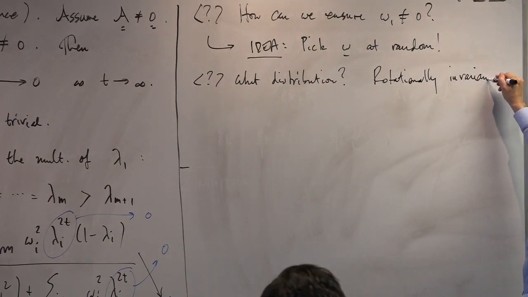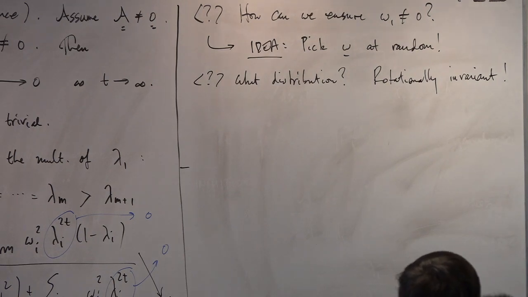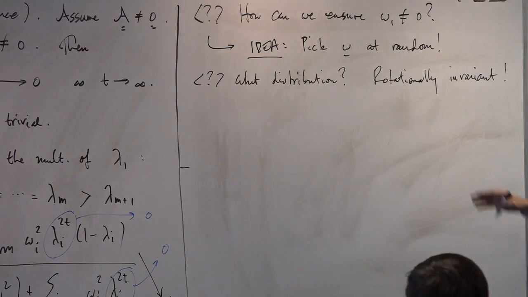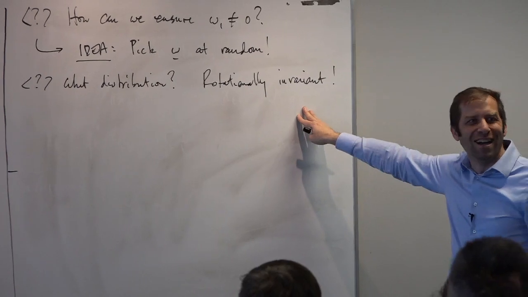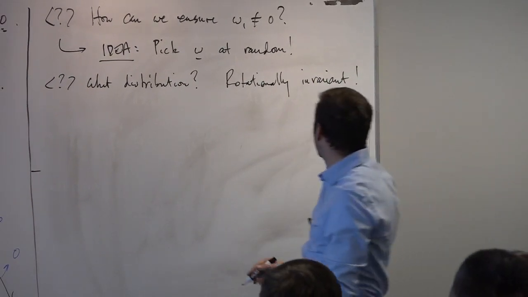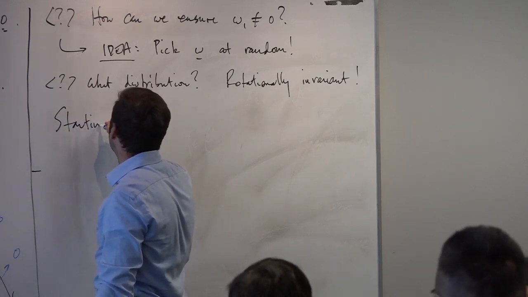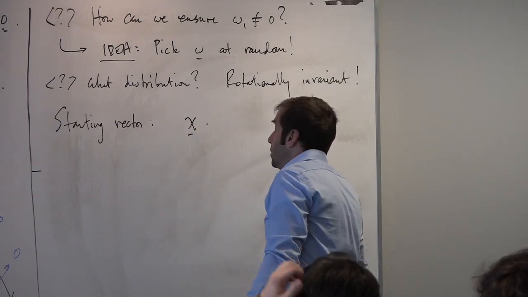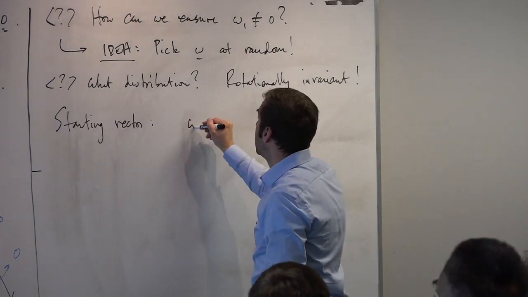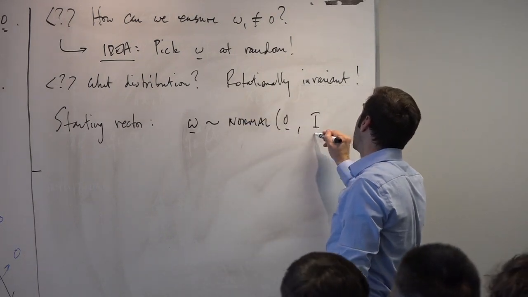Do you know some rotationally invariant distributions? Yeah, we're going to pick a Gaussian. And the reason that we can pick a Gaussian among all the rotationally invariant distributions is that the power method is scale invariant. The first step is to normalize. So we are going to choose the starting vector omega to be normal with mean 0 and covariance identity.